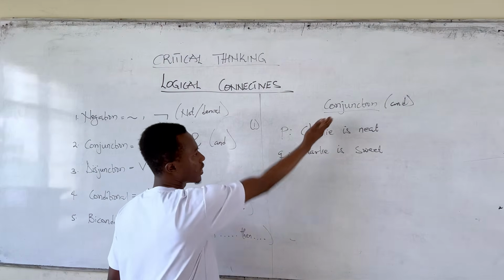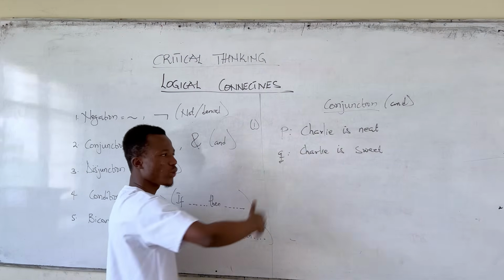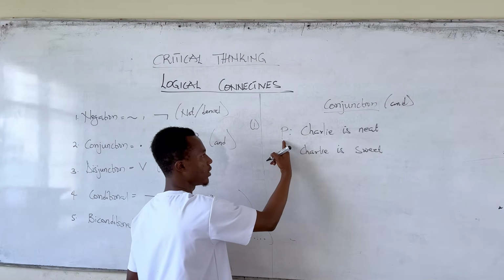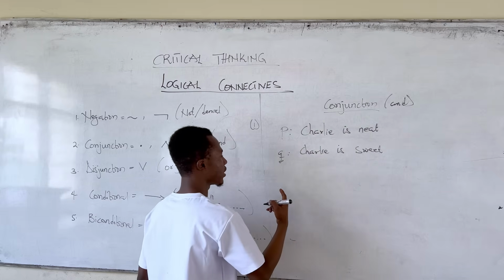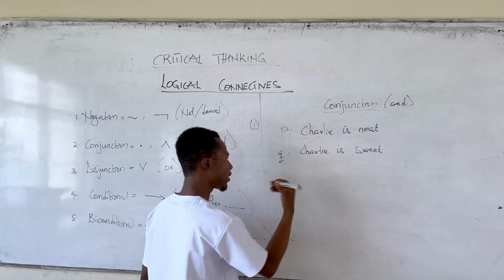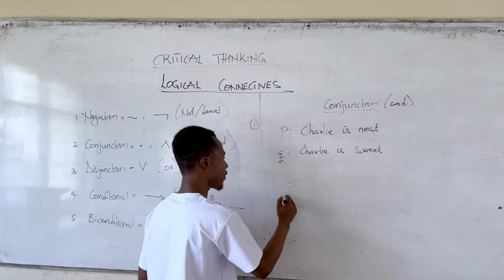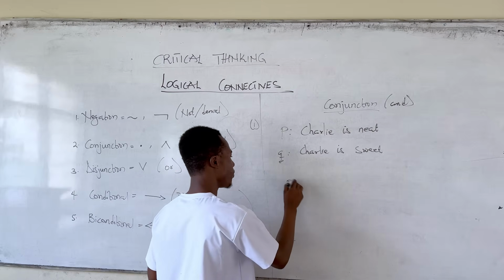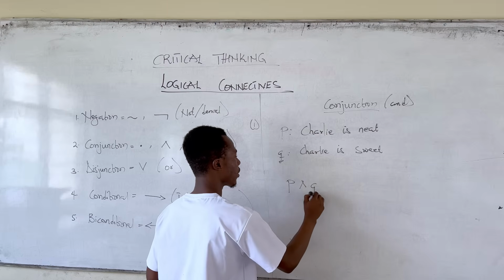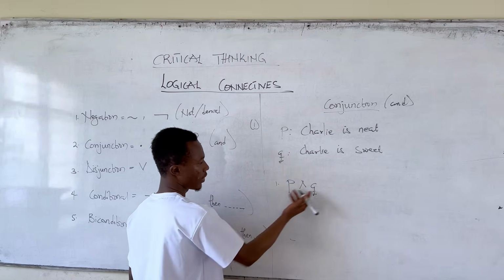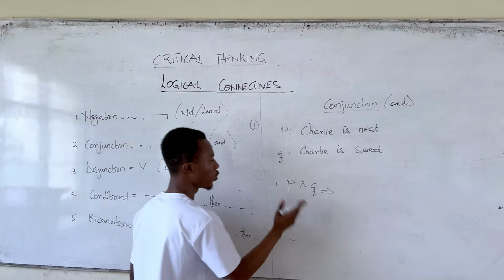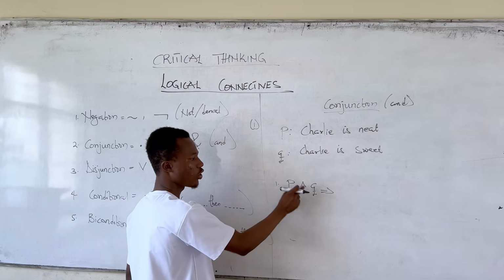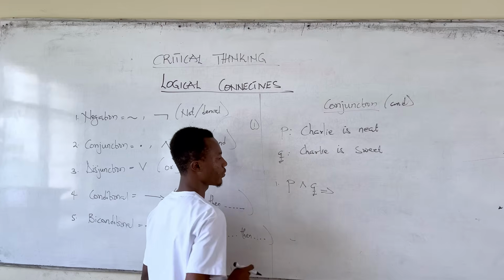So conjunction. Then how do you change this to symbolic logic? If you are talking about conjunction, in exams the question can be P wedge Q. They are trying to let you know that there is a conjunction here, because that is the symbolic logic for conjunction.